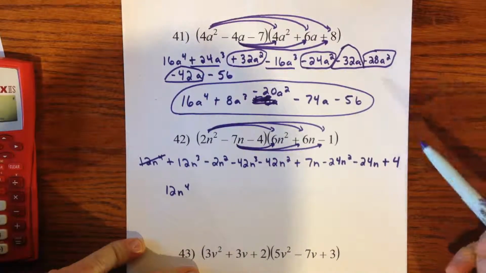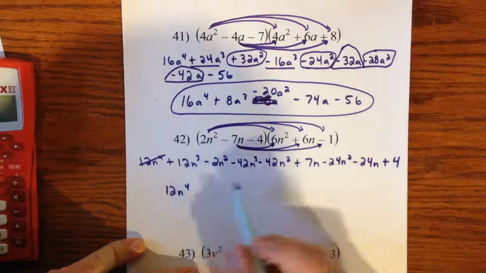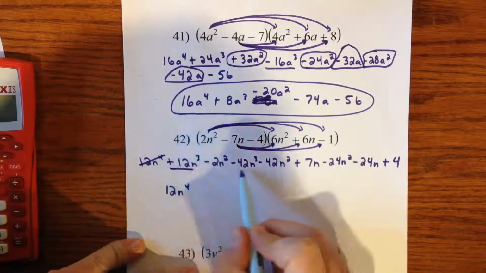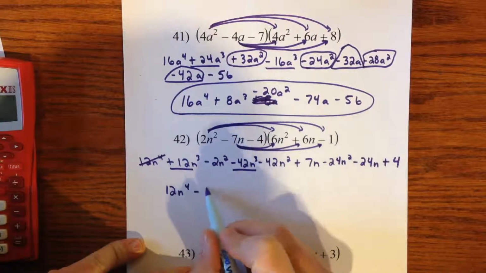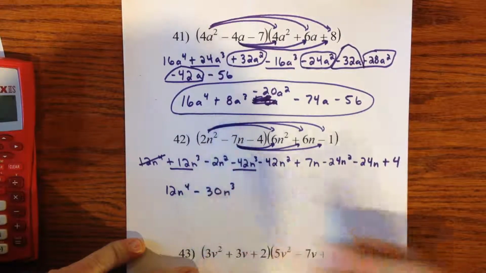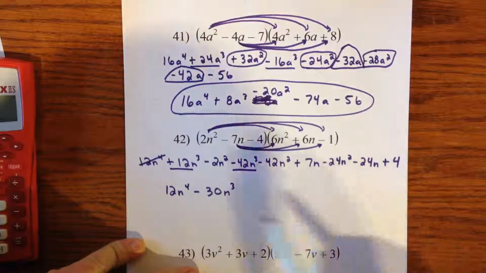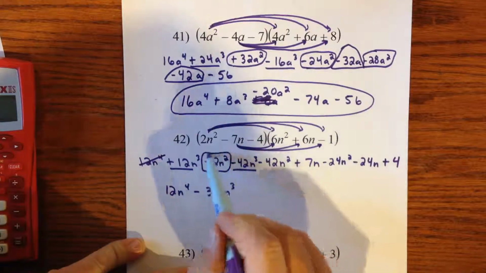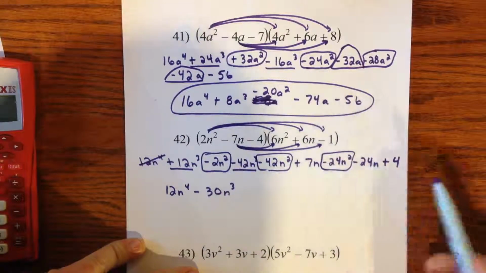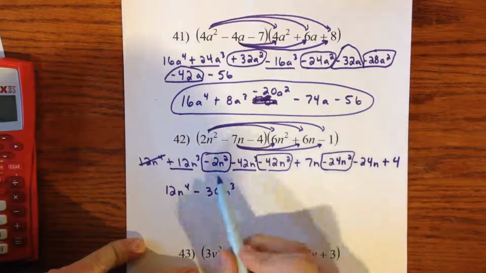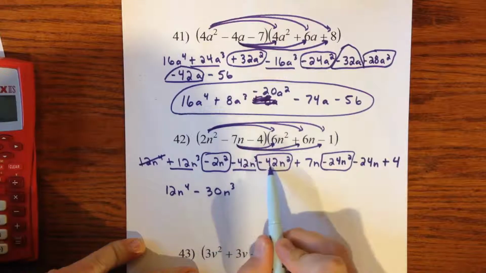Alright. Cubed, we have those, so that's negative 30n cubed. Now squared, we have 3 of those. So looks like I have negative 44 between those two.